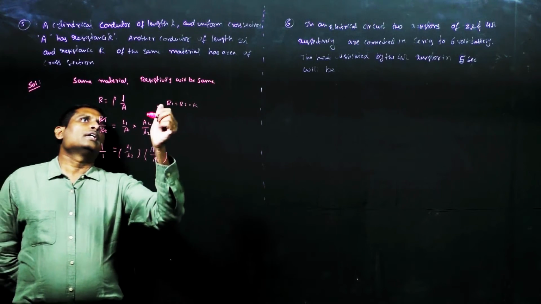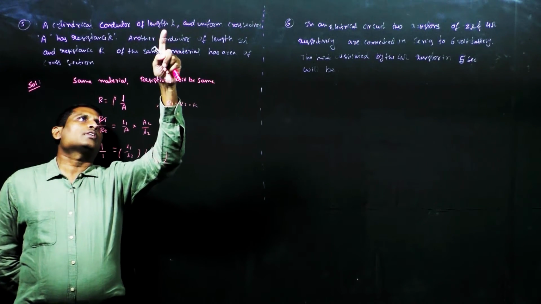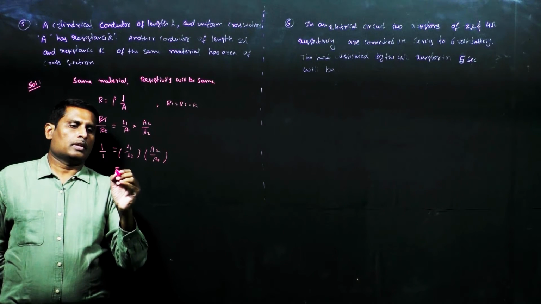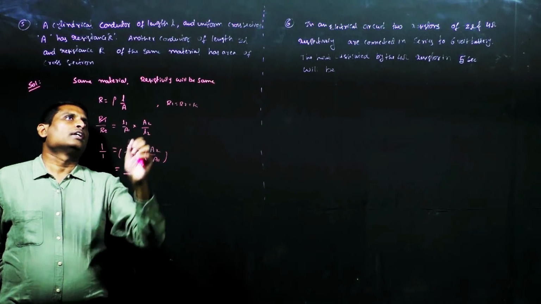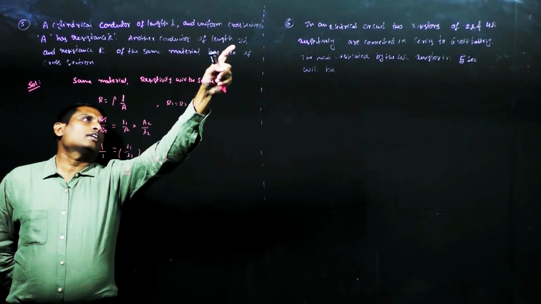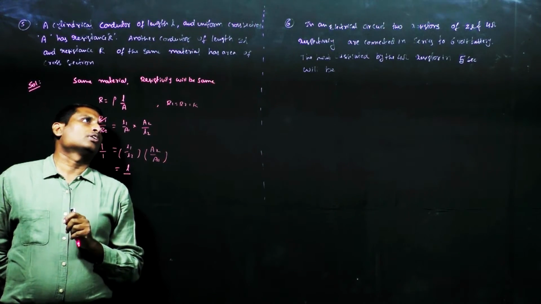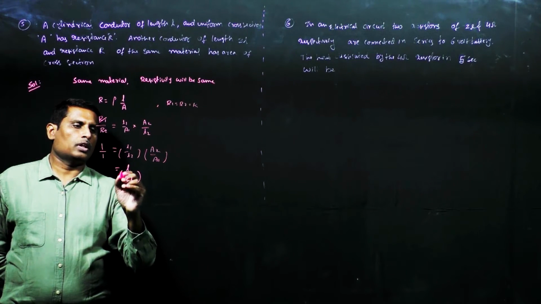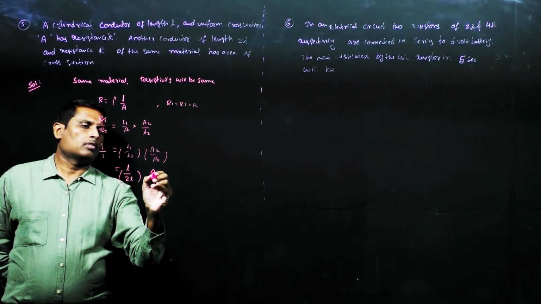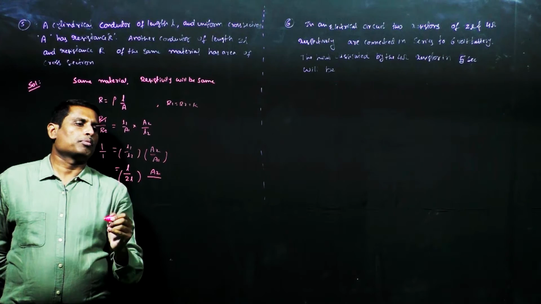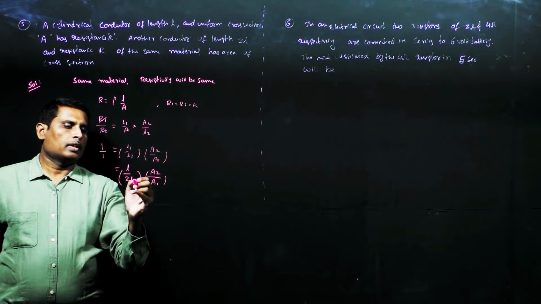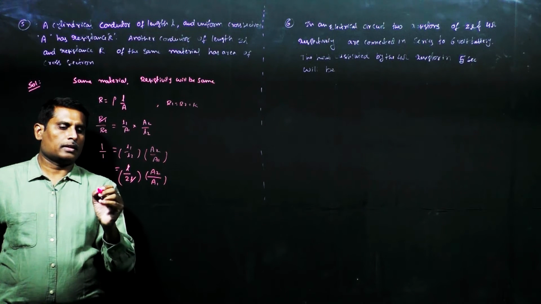Now, here the length of the first conductor is L, and length of the second conductor is 2L. So you can write this as L by 2L into A2 by A1. Here L get cancelled.